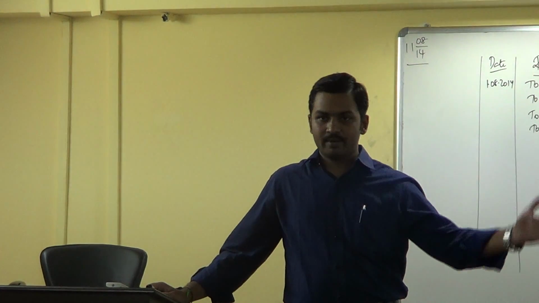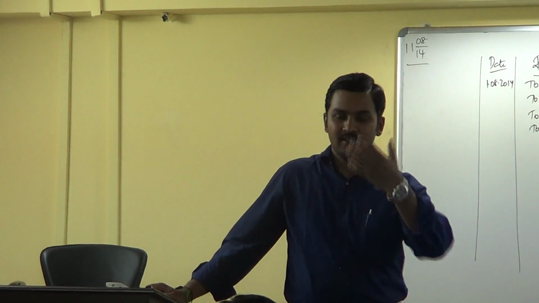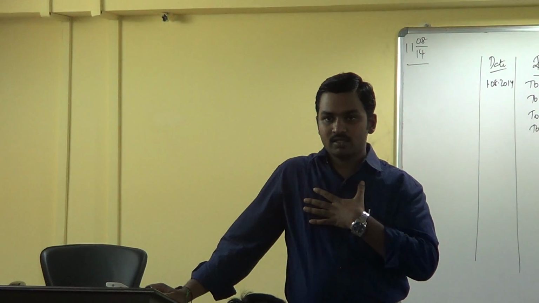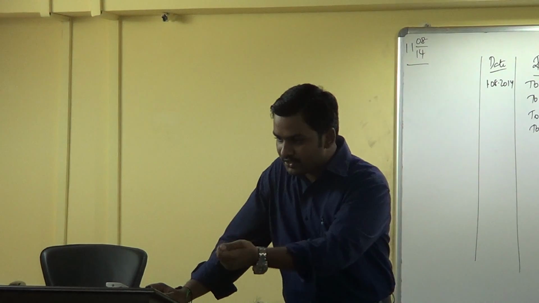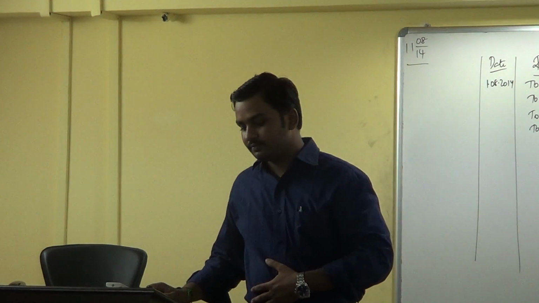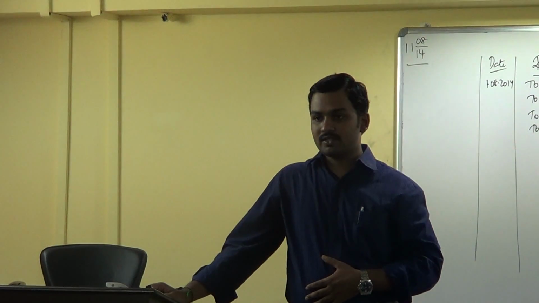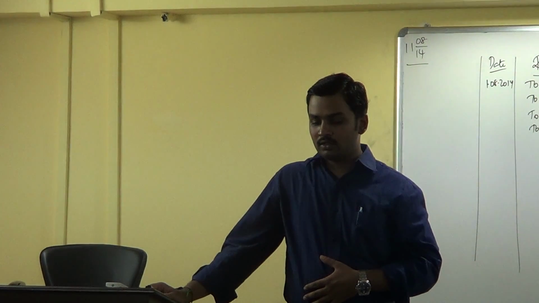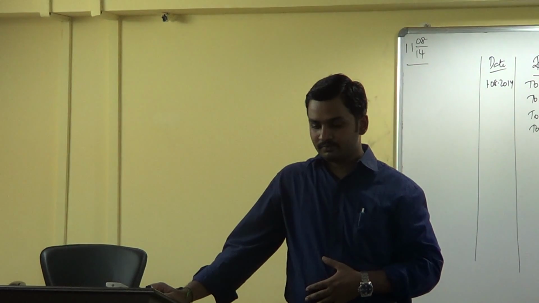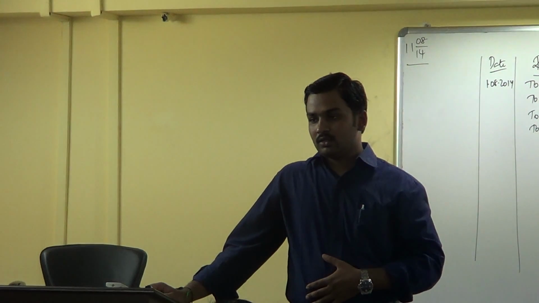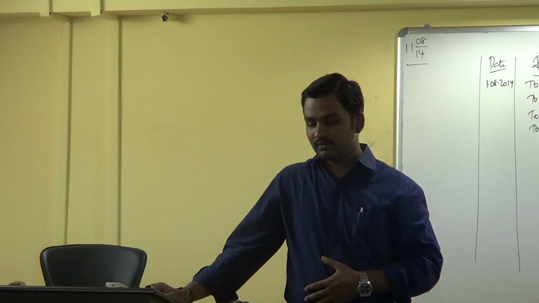In the past, Mr. Ram has purchased goods on credit from us. Ram has to pay money to us. So what is Ram doing? He is sending us a check. Amount 30,000 rupees on 12th August 2014.